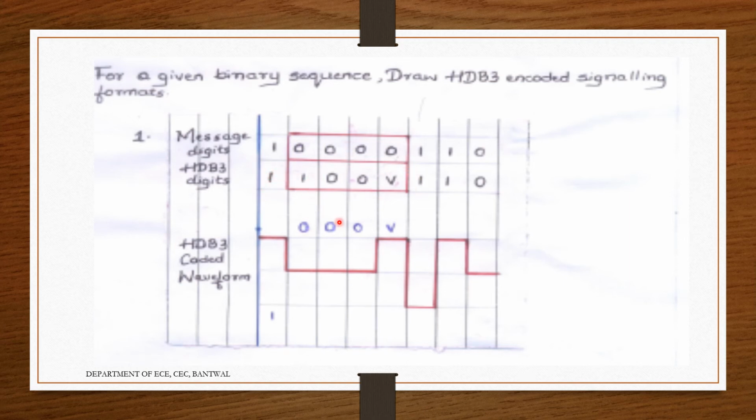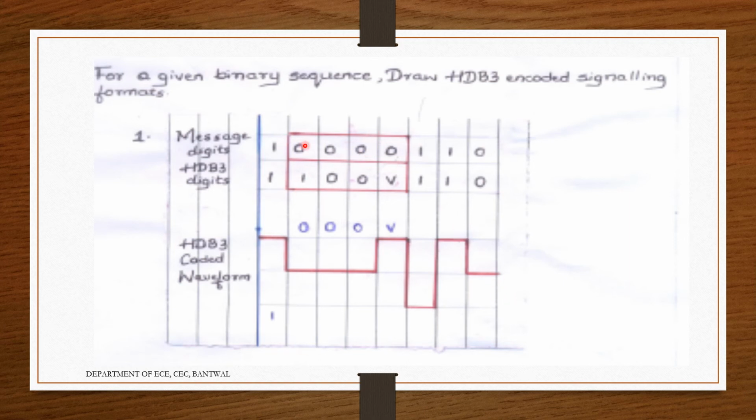So it has become 0 0 0 V. The other things will be the same. For 1 it will be 1, and the next one will become alternate marking. Remember, here alternate marking. So leaving this fourth word, the other things are 1, -1, +1 for the other series, and 0 will be 0.